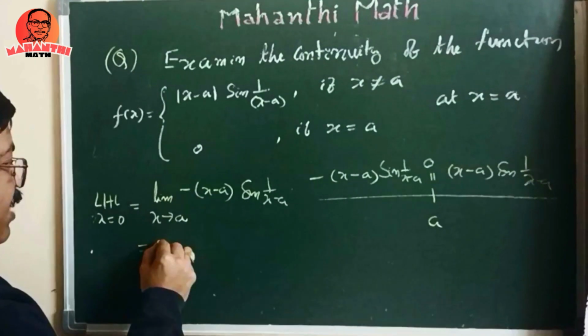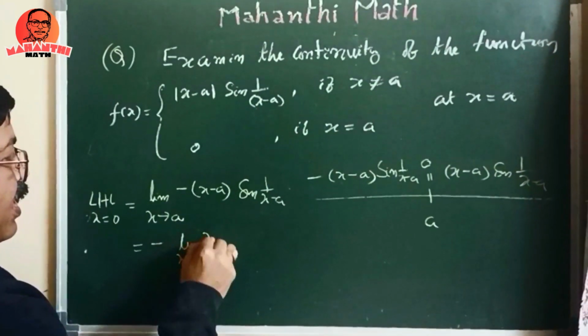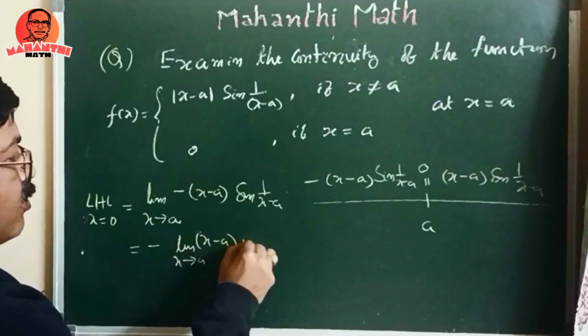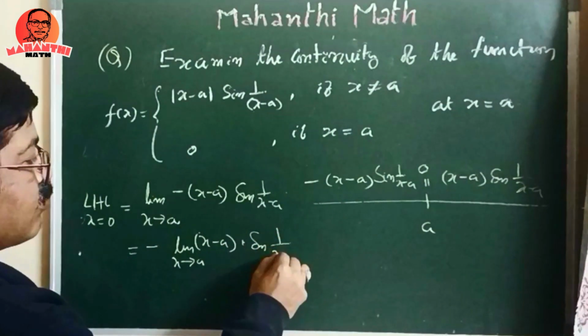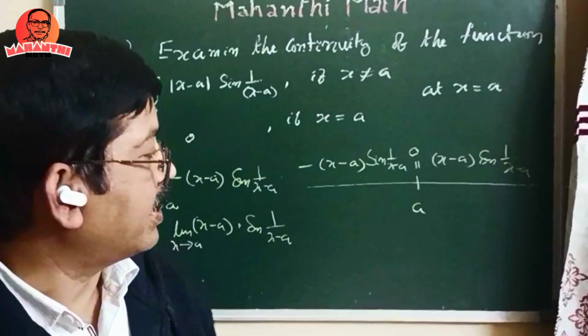So this minus I will take here, limit x tends to a, x minus a into sine 1 by x minus a.